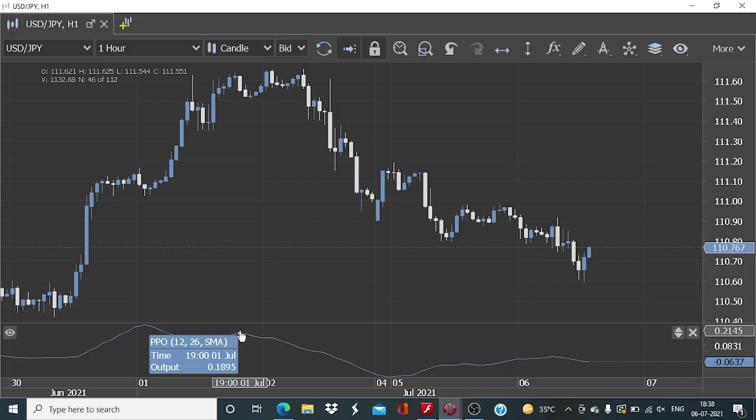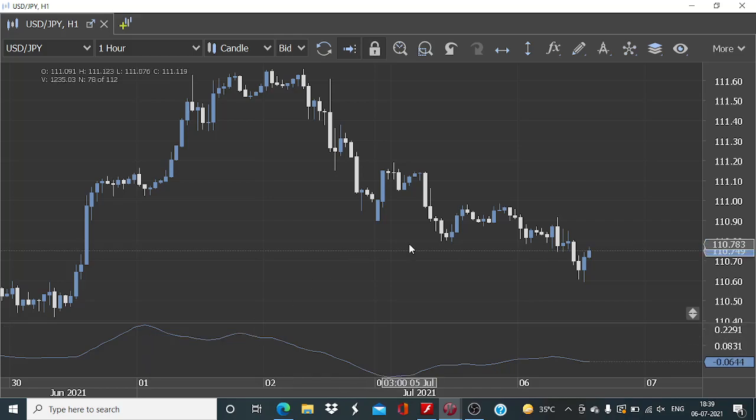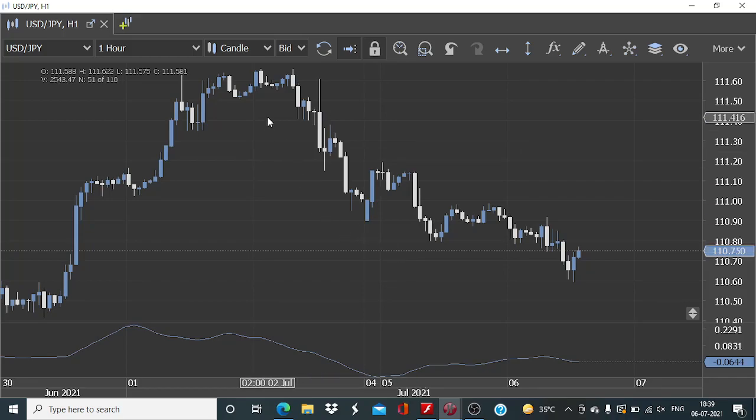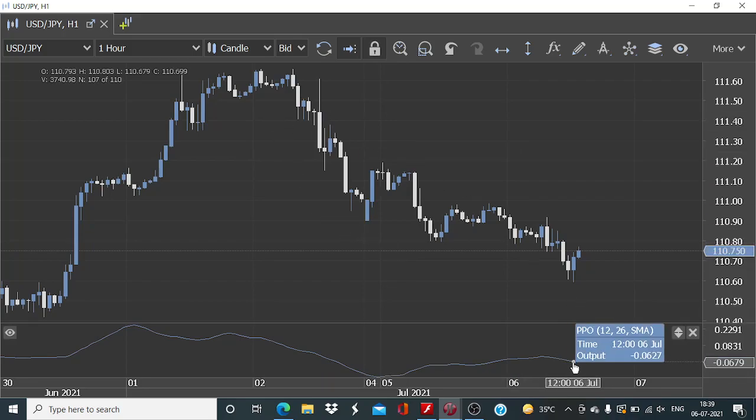So here we are taking simple moving averages, the shorter term of 12 and the longer SMA of 26 candle periods, each of hourly time horizon. The difference between these two SMAs is plotted in percentage format using this PPO block.